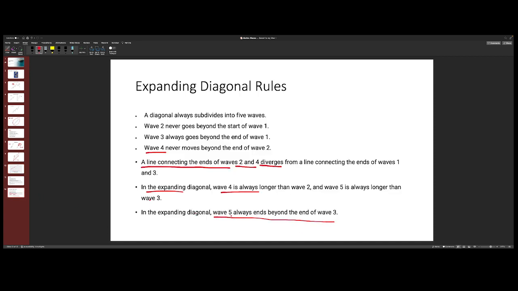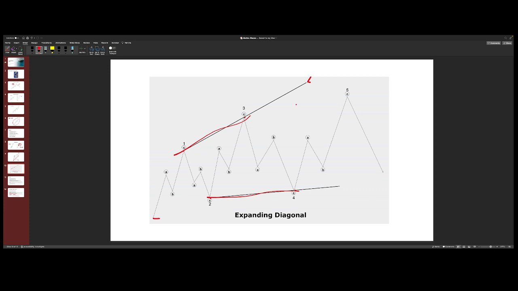And the last rule is that wave 5 always moves beyond the end of wave 3. Wave 5 will always go beyond the price action of wave 3. So that's for the expanding.